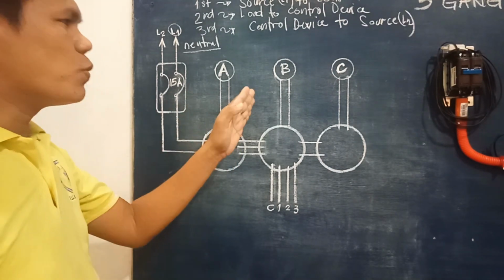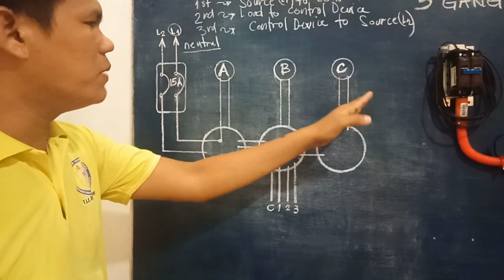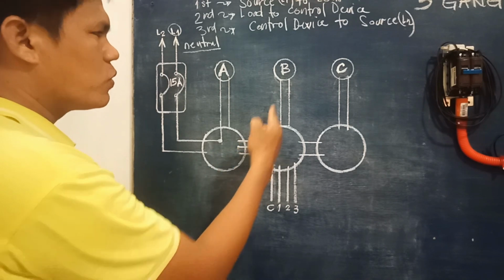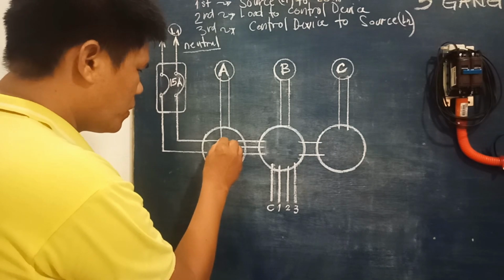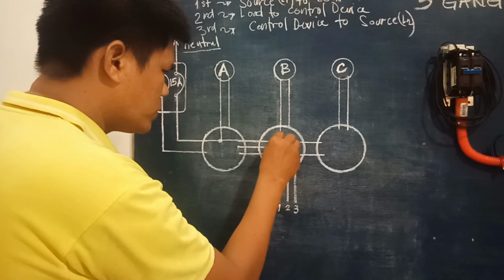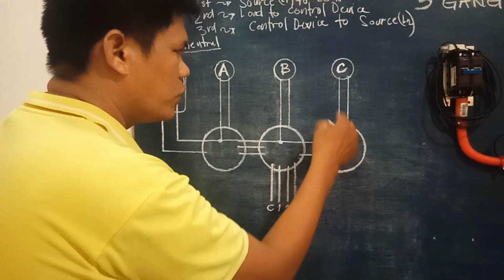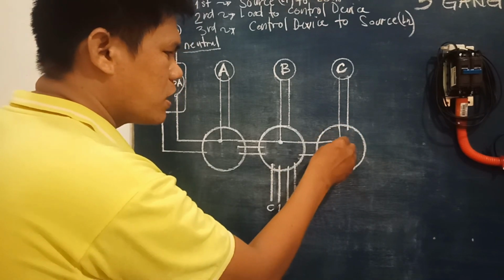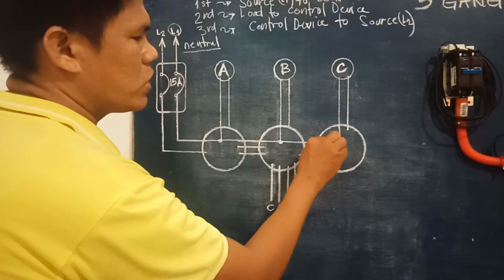Now since we have 3 loads in the circuit, bulb A, bulb B, and bulb C, we will also connect the other pieces of wire here for the bulb B and for the bulb C. So here we go. This one, then this one. So they are connected to each other. Then proceed to the bulb C, the load C, this one, then connected to each other.